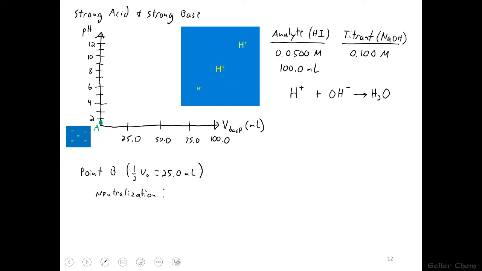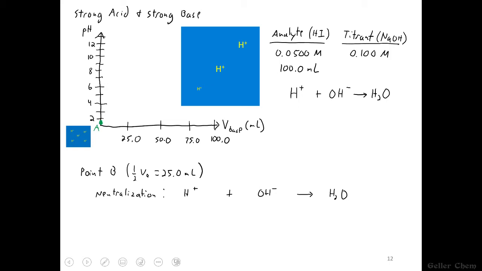And we should know this reaction. In fact, we already wrote it down over here, but we're going to write it down again for the sake of writing some notes and doing some math. So H+ plus OH- yields H2O, which is not interesting.